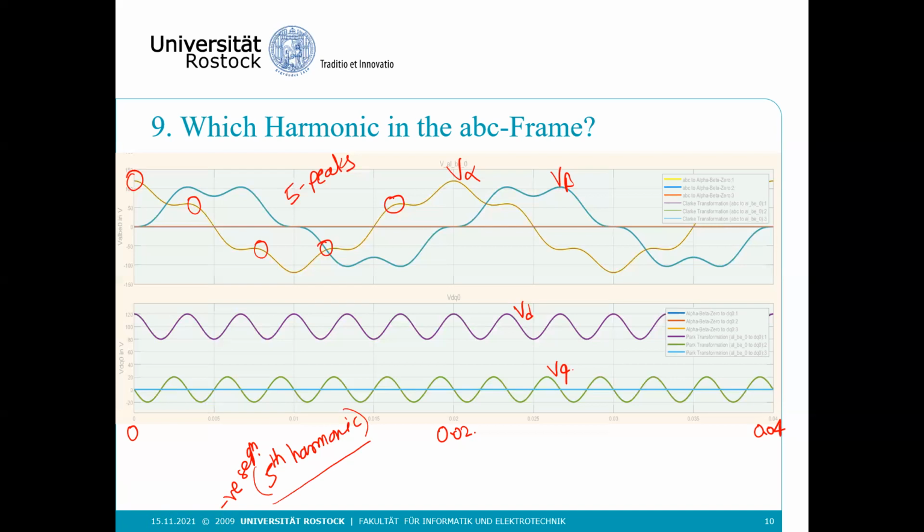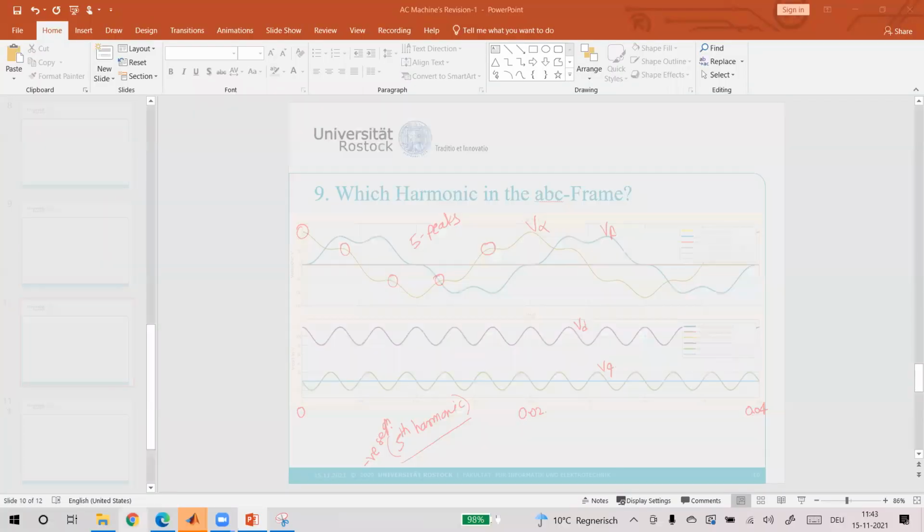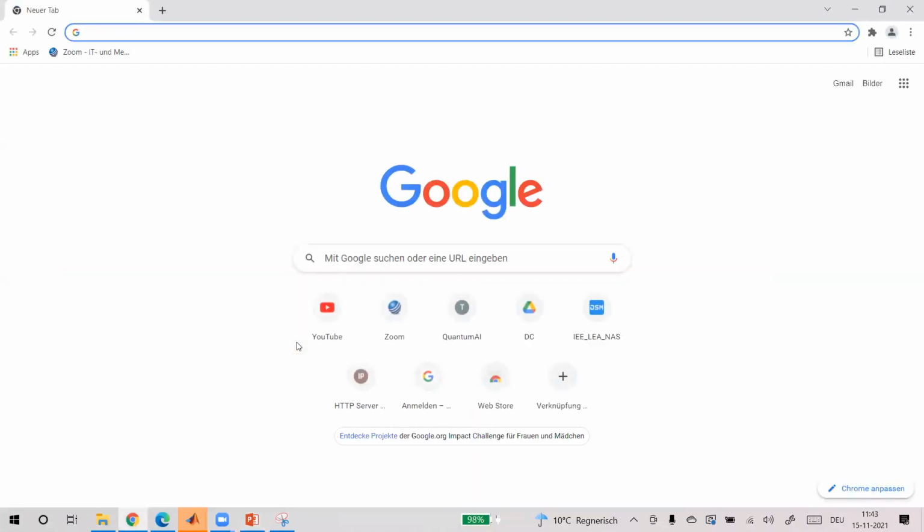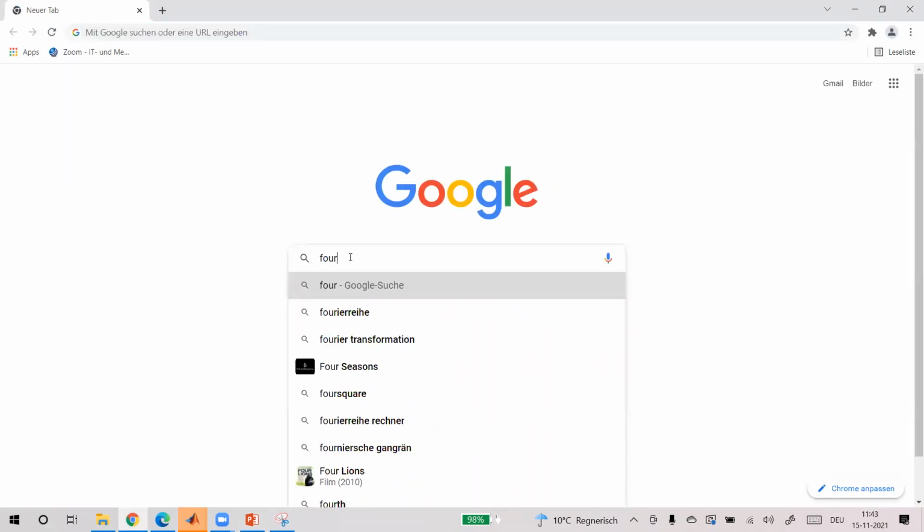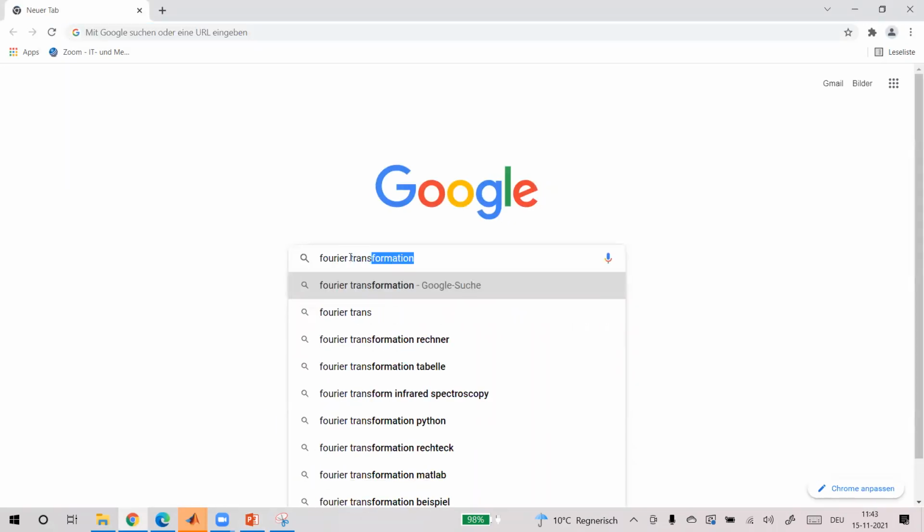So the thing is, if you see the Fourier transform of the square wave, so I can show you also.